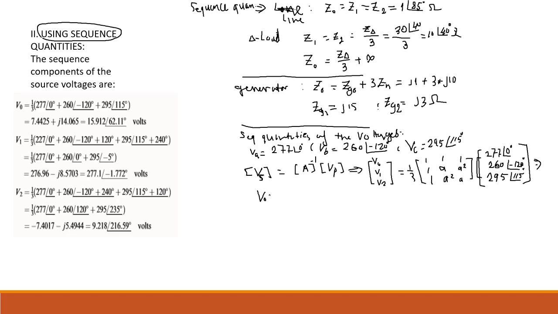V0 equals 1 divided by 3 times the summation of the voltages, the voltage of phase A, B, and the voltage of phase C. This is equal to 15.12 with an angle of 62 volt.